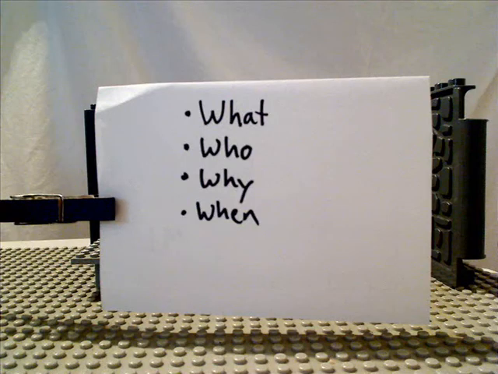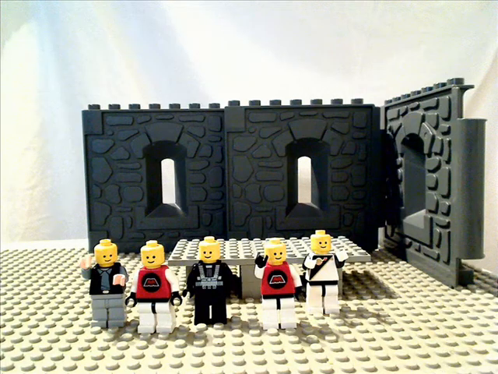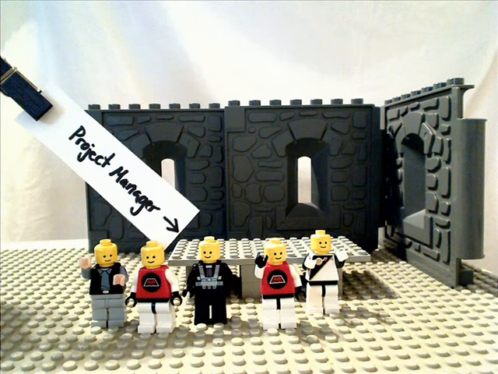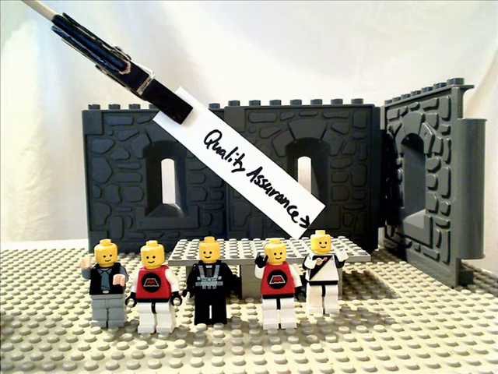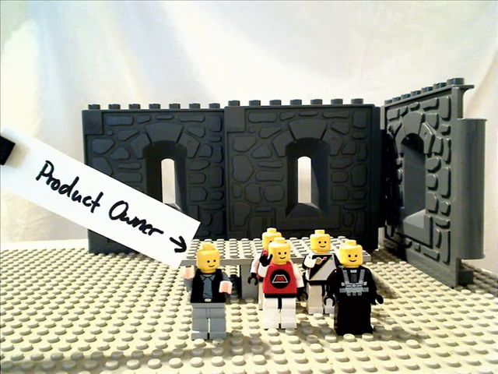Who participates in the retrospective? The team, as I just mentioned, is a natural choice. So you'll have a product manager, you'll probably have some developers and some quality assurance. There's most likely an internal product owner present.